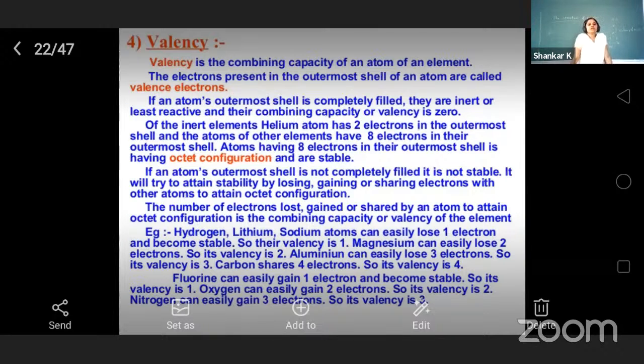What is the atomic number of sodium? 11. And what is the electronic configuration? For 3 it is 2, 1. For 11 it is 2, 8, 1. Can you see this number, students? In the first orbit, 2 electrons will be there.